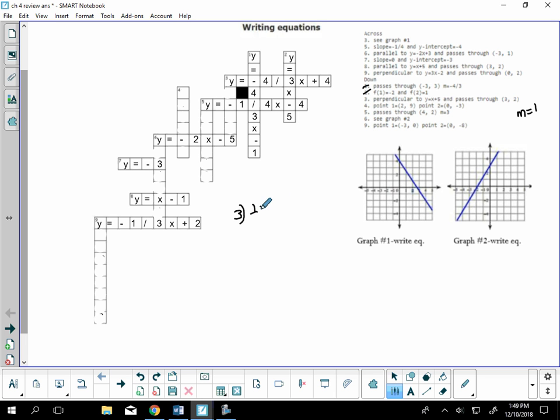My perpendicular slope is going to be the opposite sign, and the reciprocal of 1 is just 1. And it passes through 3, 2. So y minus 2 equals -1 times x minus 3.